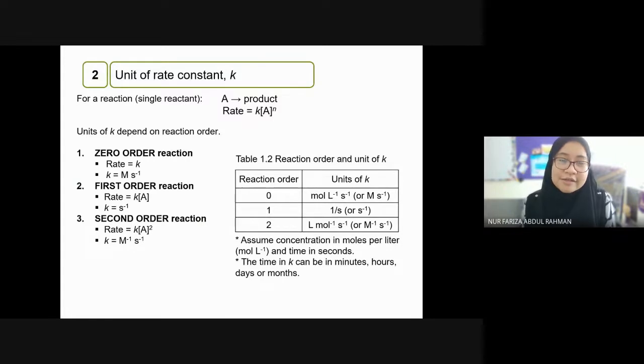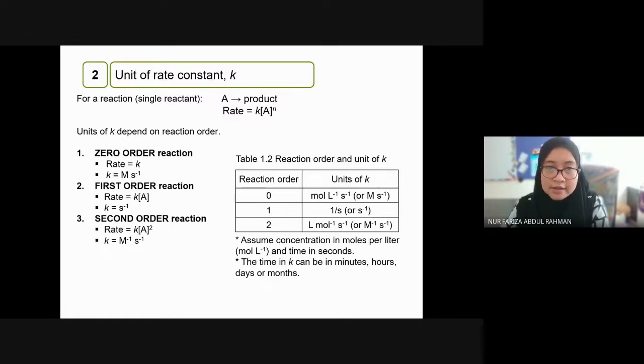We can determine the order of the reaction with respect to the reactant by looking at the unit of the rate constant itself. Consider this simple reaction, a single reactant A forming product.